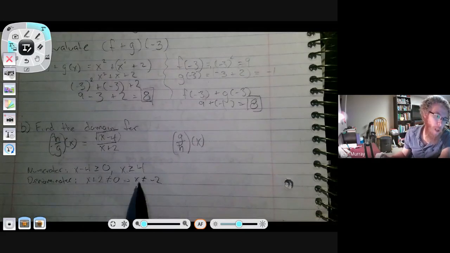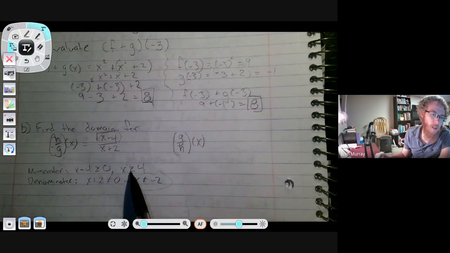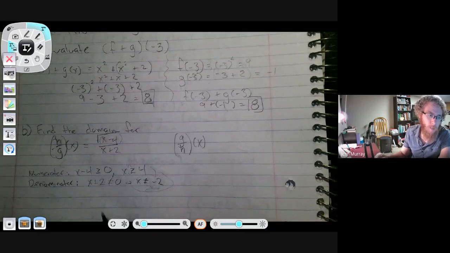And for the denominator, x can't equal negative 2. Well, negative 2 is less than 4. I need x to be greater than or equal to 4, so this condition is already met in my numerator.